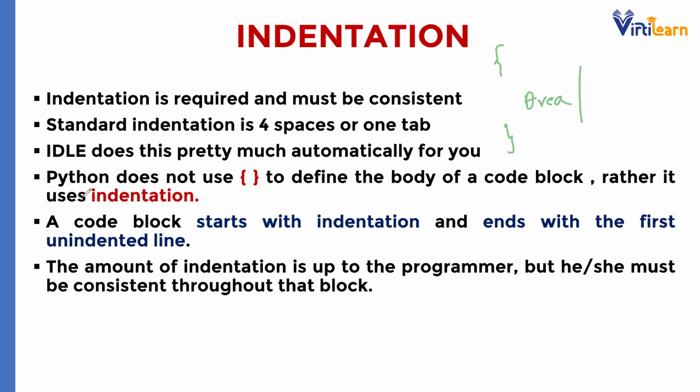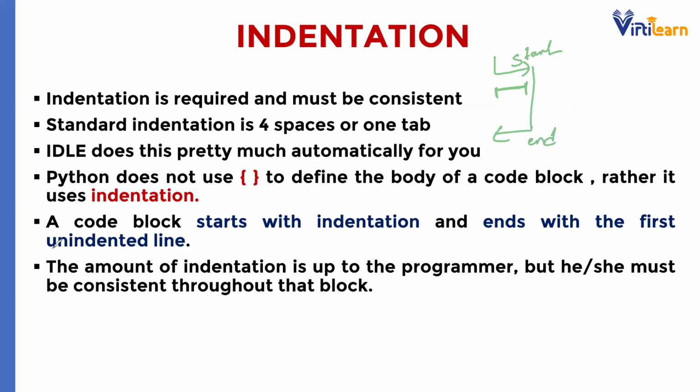So we use something called indentation. We use some spaces. We give four spaces to define the start of the area, and whenever we remove those spaces, that indicates the end of the area.